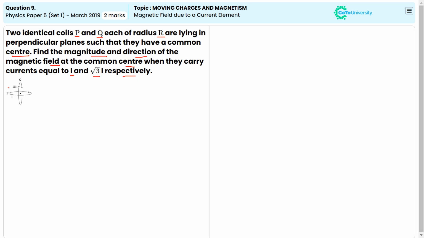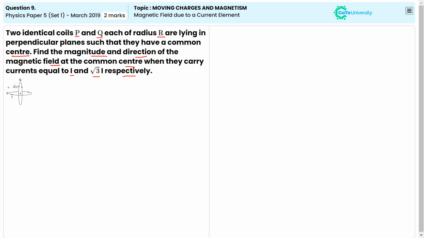First, let me draw the diagram. Suppose the field due to P acts like this, and the field due to Q acts like this, and the resultant will be like this.